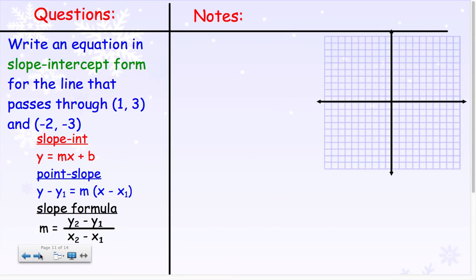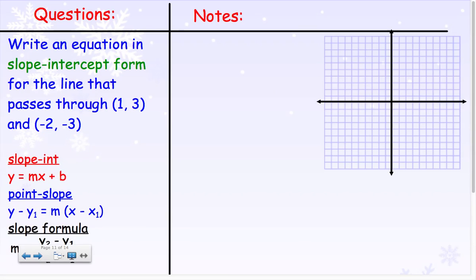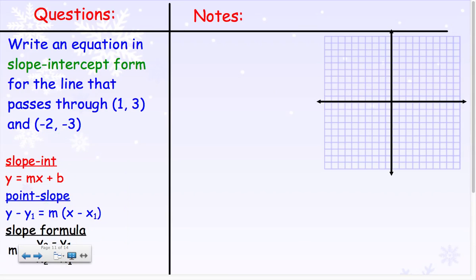Alright, next problem, I've got the coordinate points (1, 3) and (negative 2, negative 3). Again, I'm not given a slope or an intercept. I am given 2 points, and I know that I can find my slope using my slope formula. x1, y1, x2, y2.